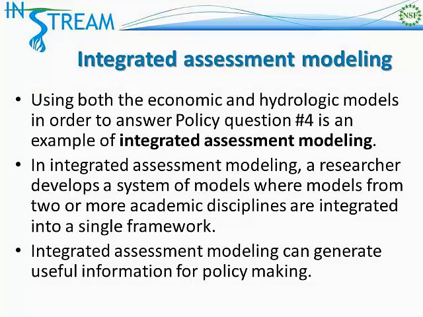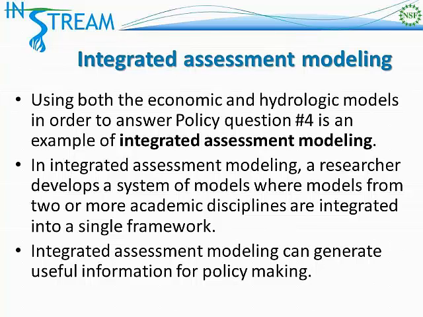In this last policy question number 4, we used both economic and hydrologic models at the same time. We used both the farmer profit equation and the Glover-Balmer equation in order to answer the policy question. And this is an example of something known as integrated assessment modeling.